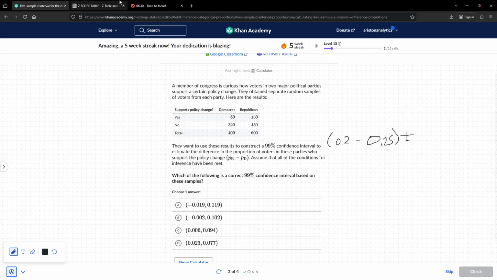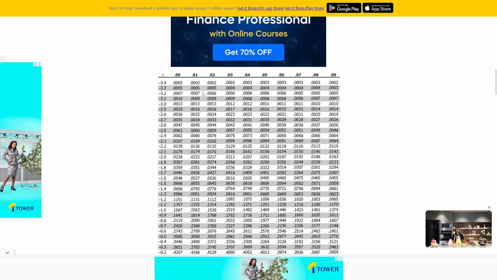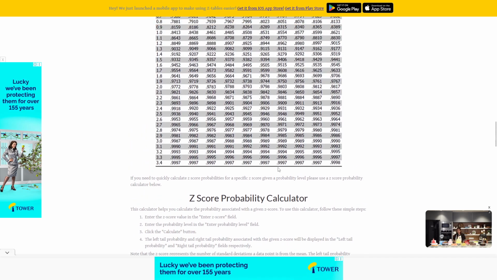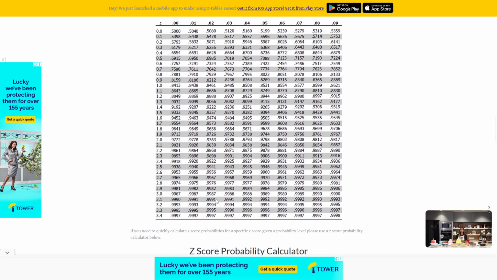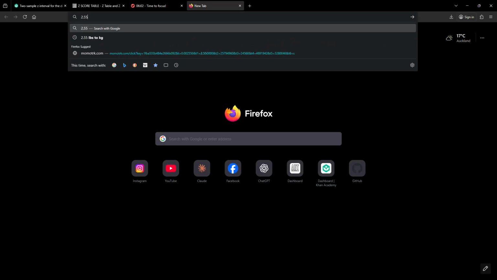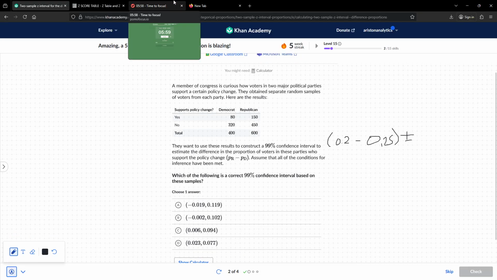Point 0.005. 995. Point 2.55. Just calculate the upper bound.